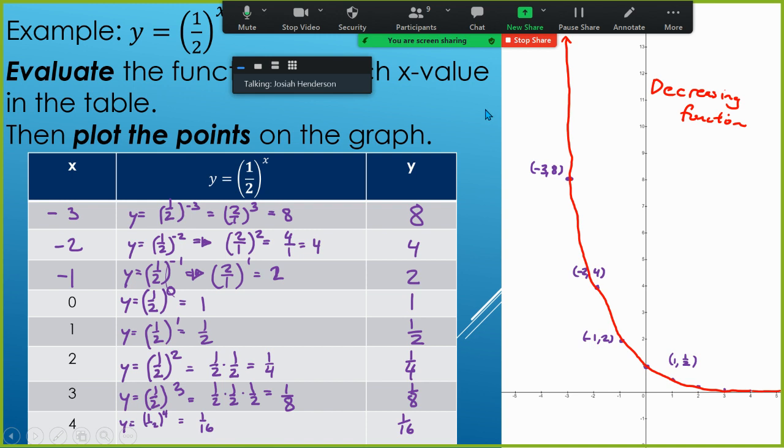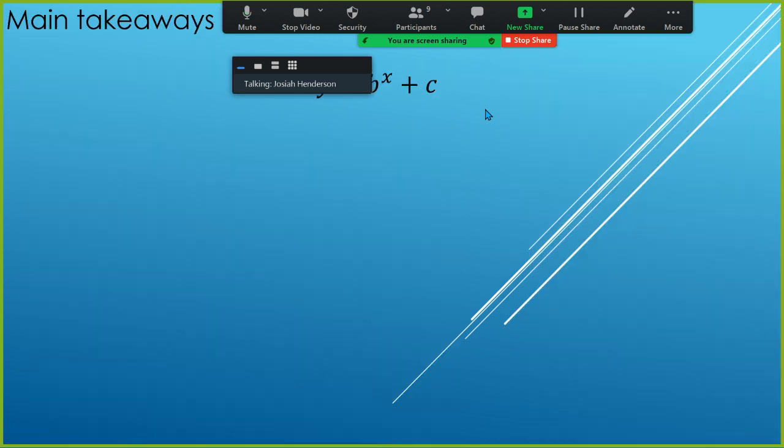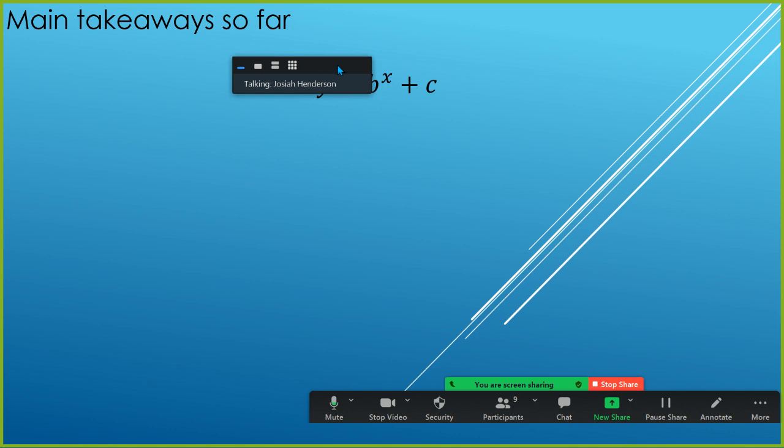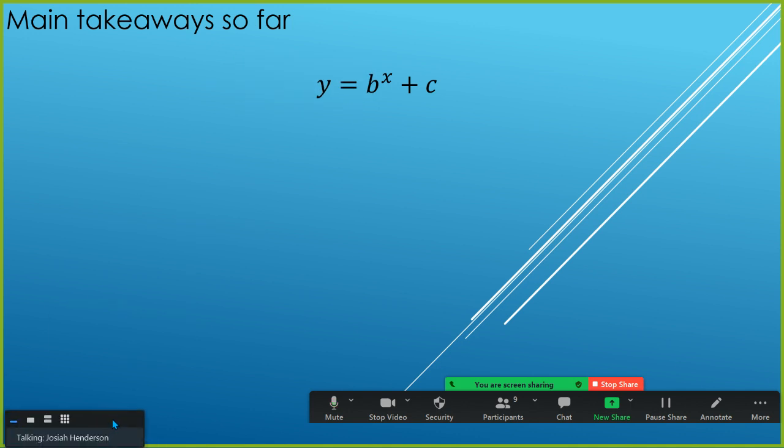Okay, I see it's almost 12 already. I had one more page to kind of sum up what we've seen.